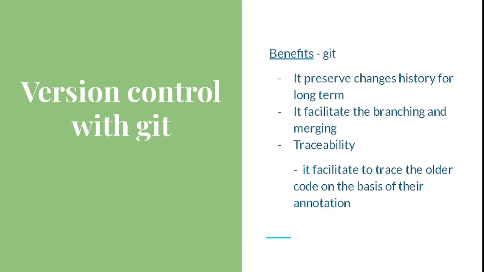And it also provides us the facility of traceability. Traceability is a term I mentioned earlier: if 5 or 10 years ago at the inception of the program someone made some changes in the file, then for which purpose and by which programmer the changes were made is identified or annotated there.